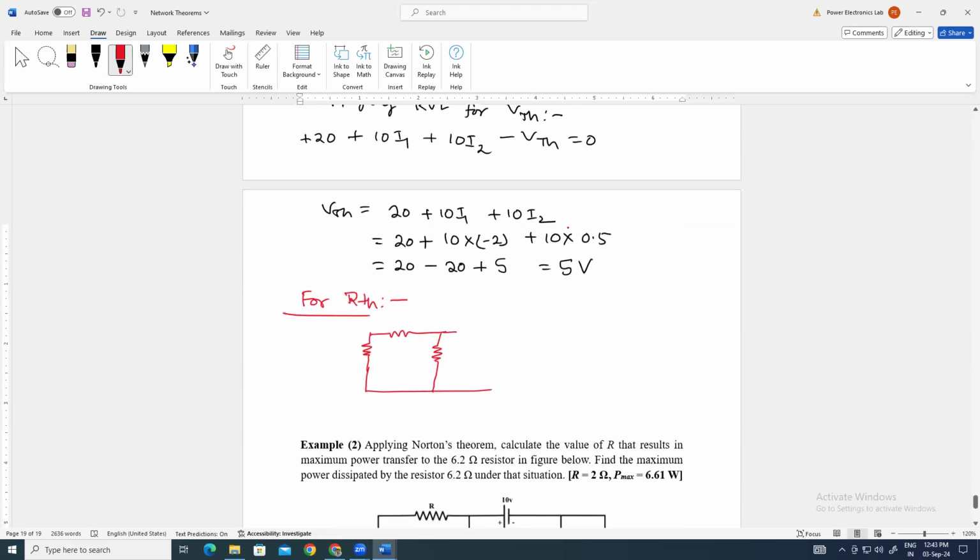एक resistor और है यहाँ पे. This is AB. हमको यहाँ पे RTH find out करना है और ये R equivalent होगा.